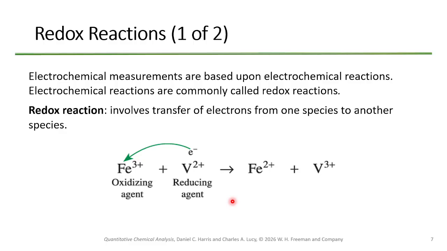Now, you may know from another course, like a biology course or organic course, or maybe biochemistry, that these redox reactions are oftentimes kept track of by keeping track of the hydrogens and the oxygens, right? So if you gain hydrogens, typically that's considered a reduction.